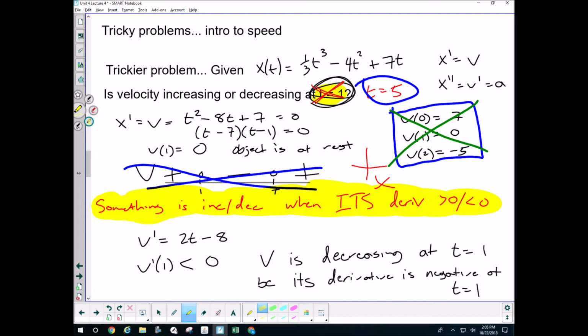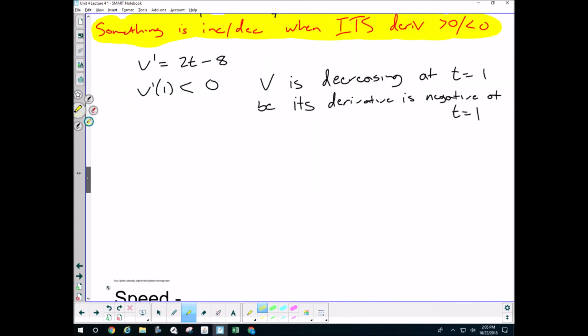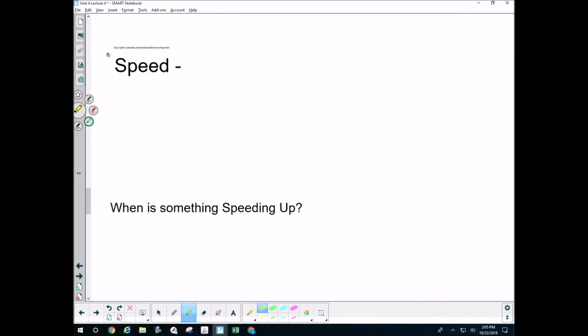But another application with position, velocity, acceleration, and looking at the signs of position, velocity, acceleration, or actually just the signs of velocity and acceleration, is when we discuss speed. Okay? Now we know speed is velocity without direction. It's the absolute value of velocity.